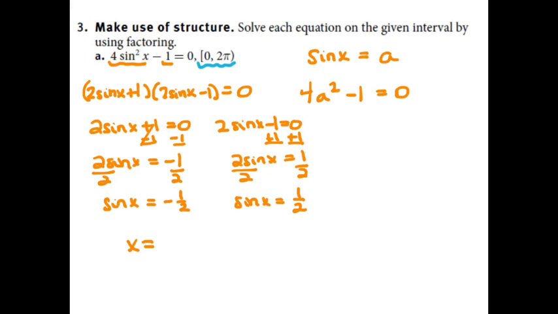So for the negative 1/2, quadrants 3 and 4, we would have 7 pi over 6 and 11 pi over 6. And for our other equation, that would be in quadrants 1 and 2, pi over 6 and 5 pi over 6. So those are our 4 solutions to this example.